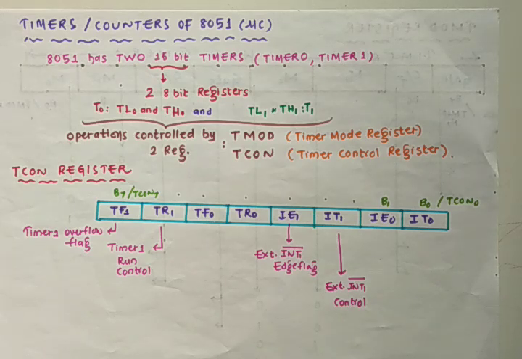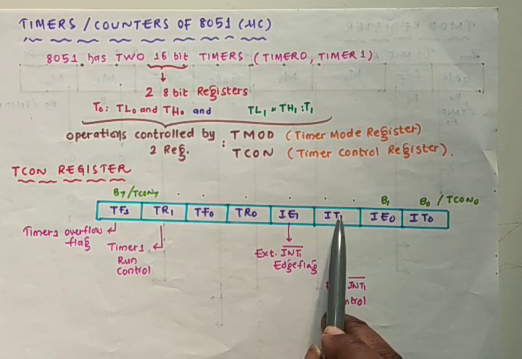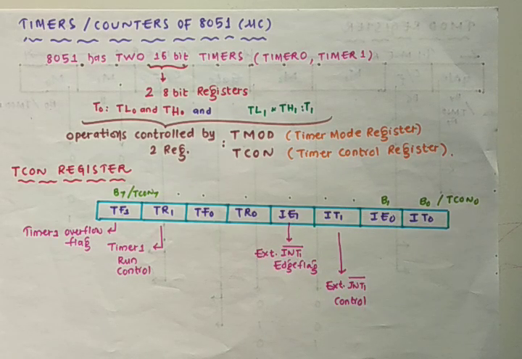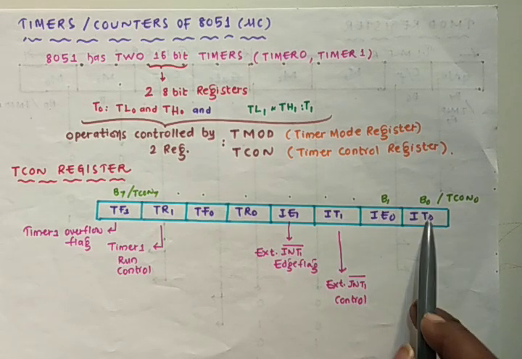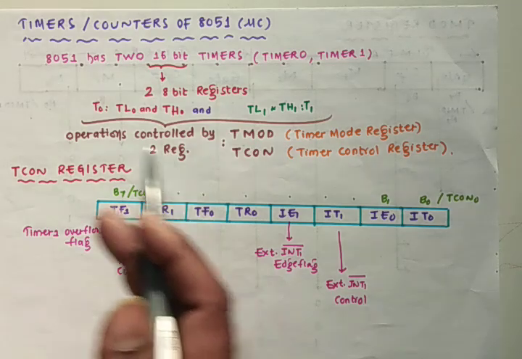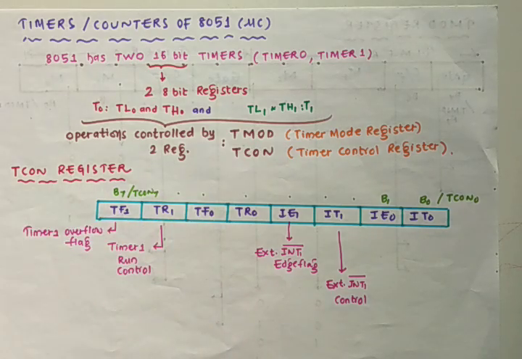Coming to the lower nibble, it is reserved for the control bits and flags for the external interrupts. These four are for the external interrupts, and these four are for the timers. So that we are going to talk about now.